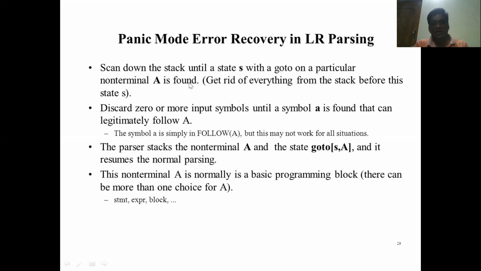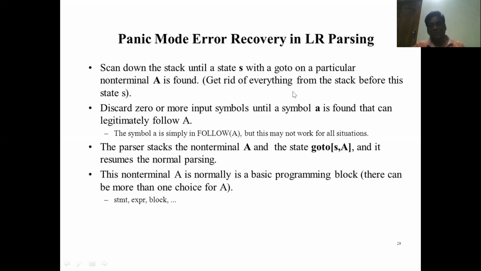I'm repeating this again. First, remove symbols from the stack until a state s is found with some go-to entries. Then make some changes to the input buffer until you find a symbol which is in the follow set of the corresponding variable capital A, and then add this capital A and go-to of s comma A to the stack and resume normal parsing.